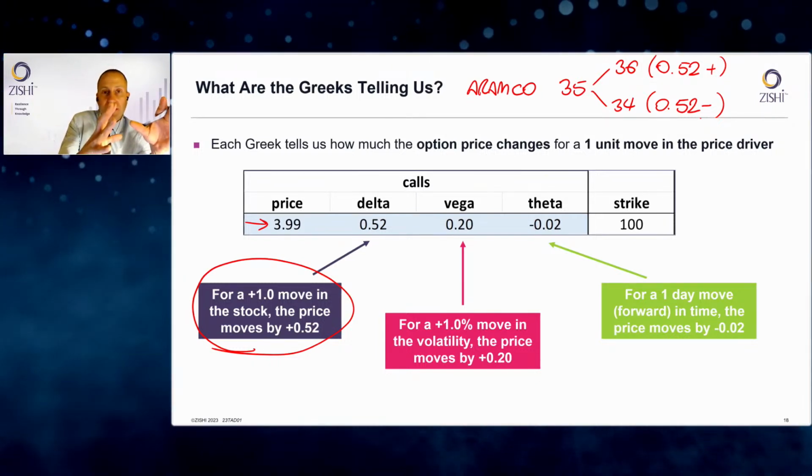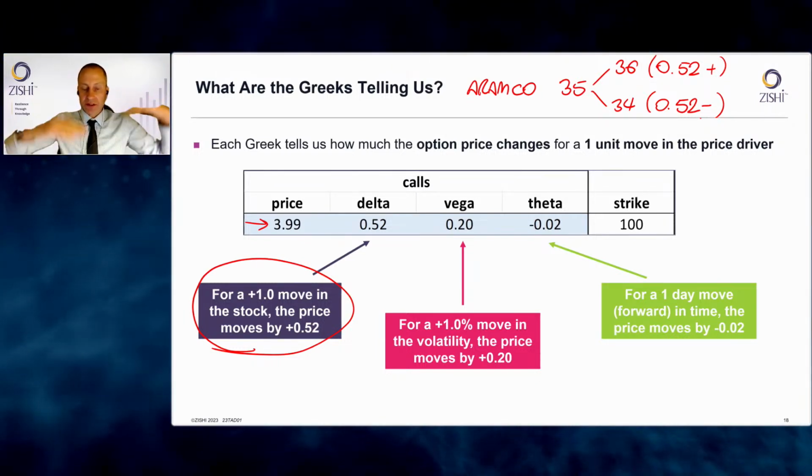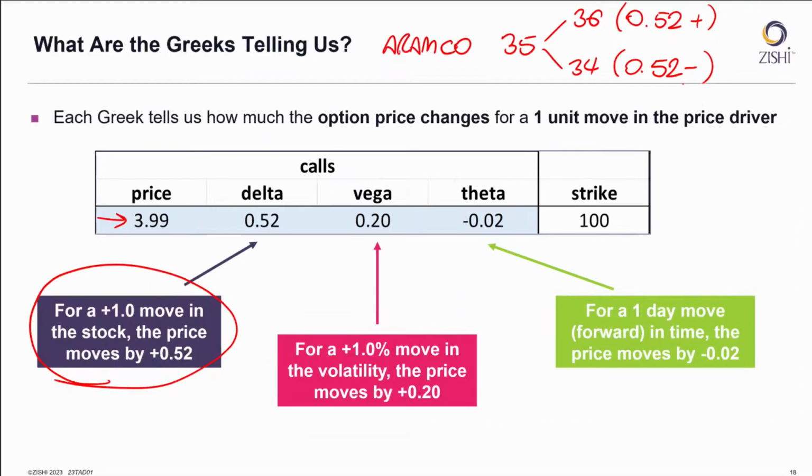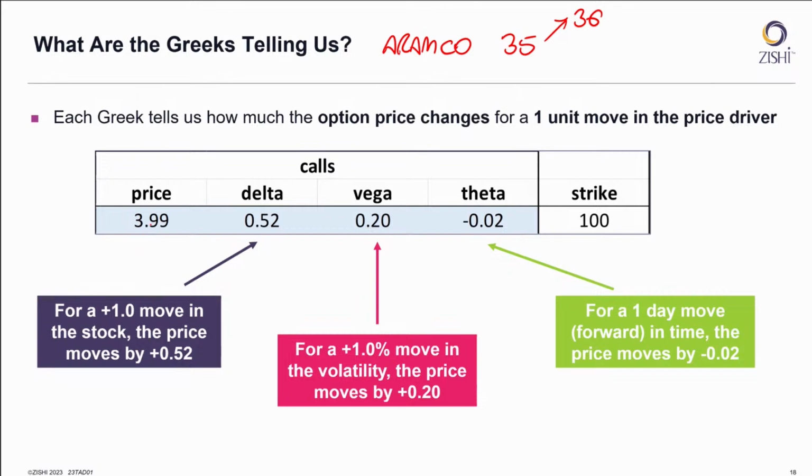We remember that's the behavior of call prices. As the stock goes up, our call price goes up. Delta tells us by how much. So if we're trying to model what will happen to our option price if we get a movement up to 36, then our original price of 3.99 will move up by 0.52.